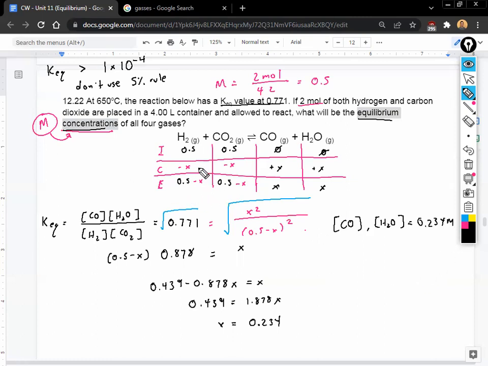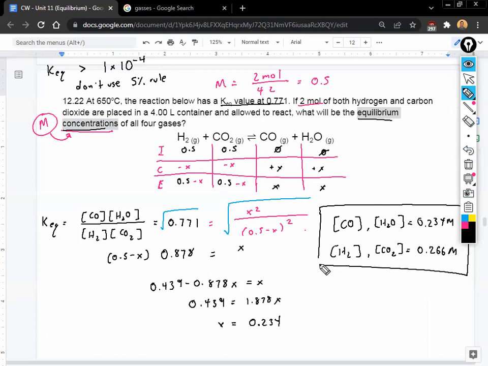However, for the concentration of H2 and the concentration of CO2, we're going to have to do 0.5 minus 0.234. And so you should get a concentration of 0.266 molarity for H2 and CO2. So if you were able to get both of those answers without me, wow, you are on track.